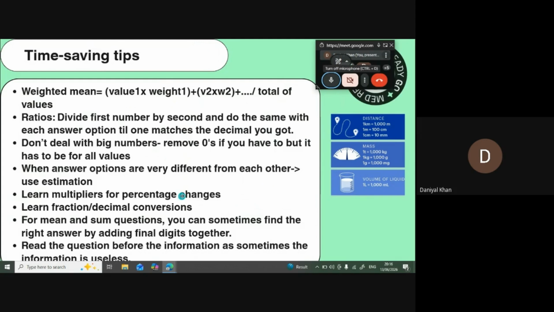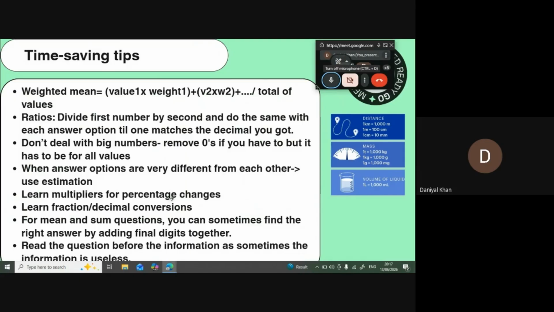Learn your multipliers for percentage changes. Well, you don't really need to learn multipliers, but you have 1.6, which would be a 60% increase, so 0.4 would be a 60% decrease, that type of stuff. A very important one as well is if something increases by 100%, that it has doubled, but the multiplier would be 2.